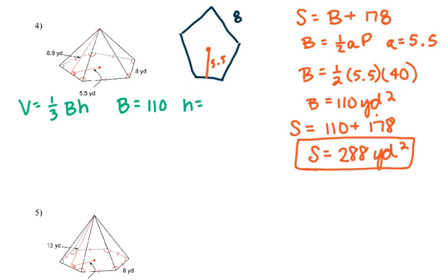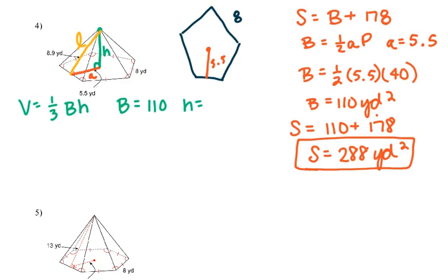The height, we have to figure that out. So remember, height goes from the vertex, I think the apex is another way of saying that, and it's perpendicular. So here's our height. Remember, it connects with the apothem, and those both are connected with the slant height. So you get this right triangle.